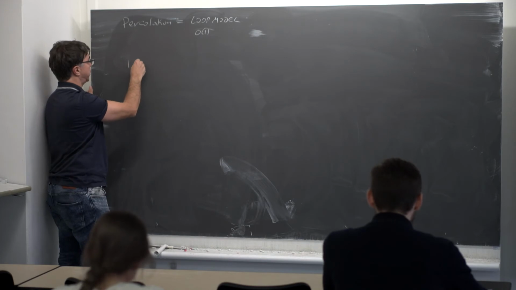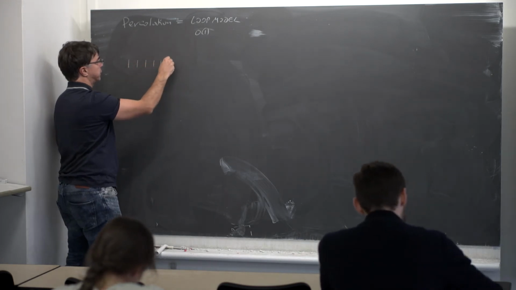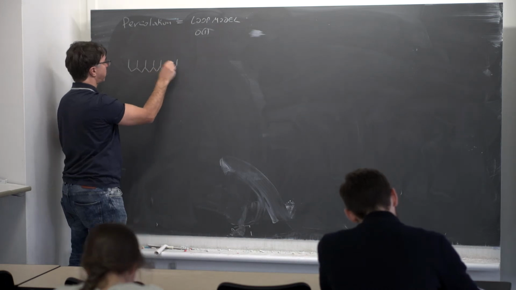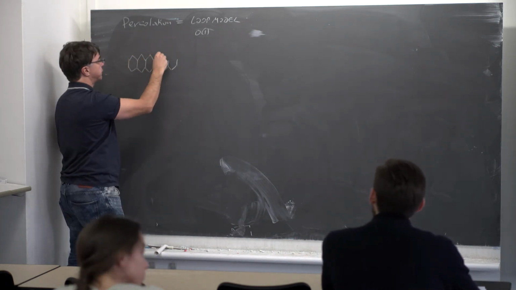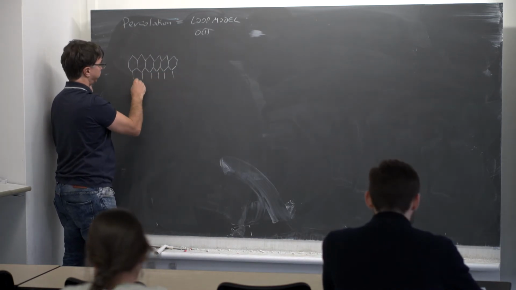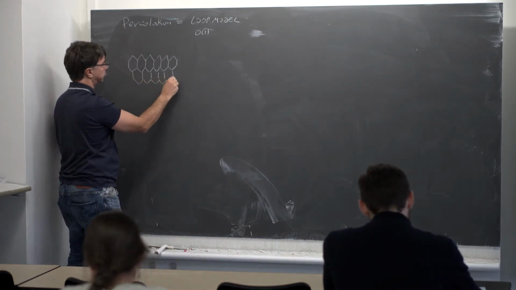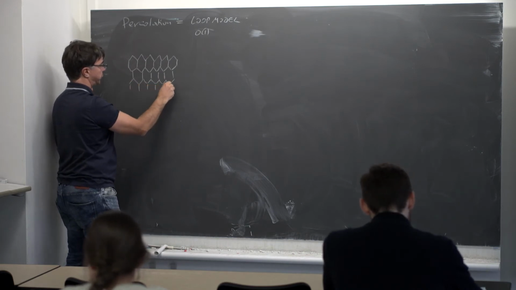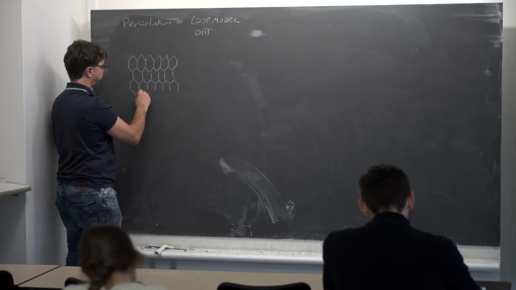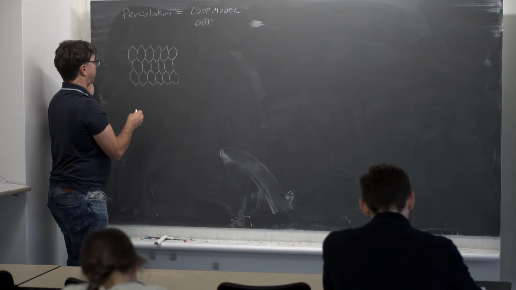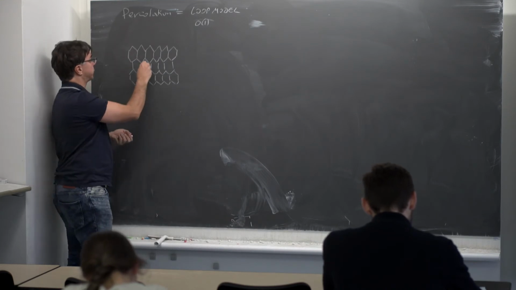So first, a very simple observation. Suppose I have some domain, let me just draw a little bit bigger piece. And suppose I have a percolation picture here.